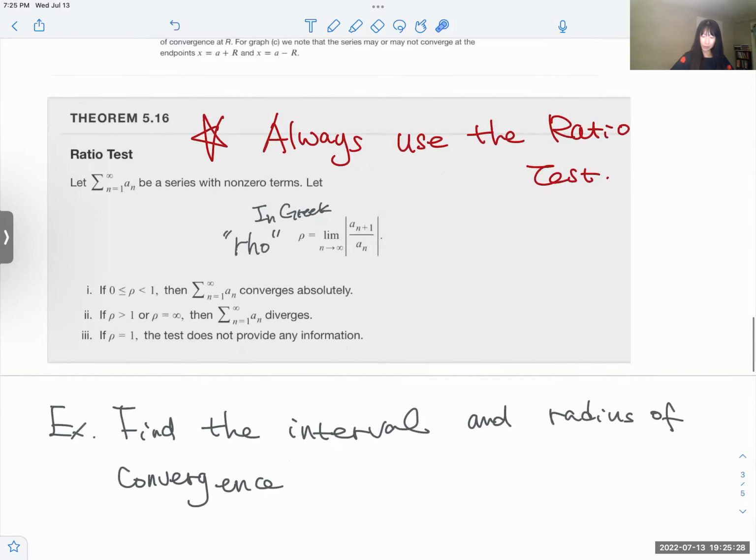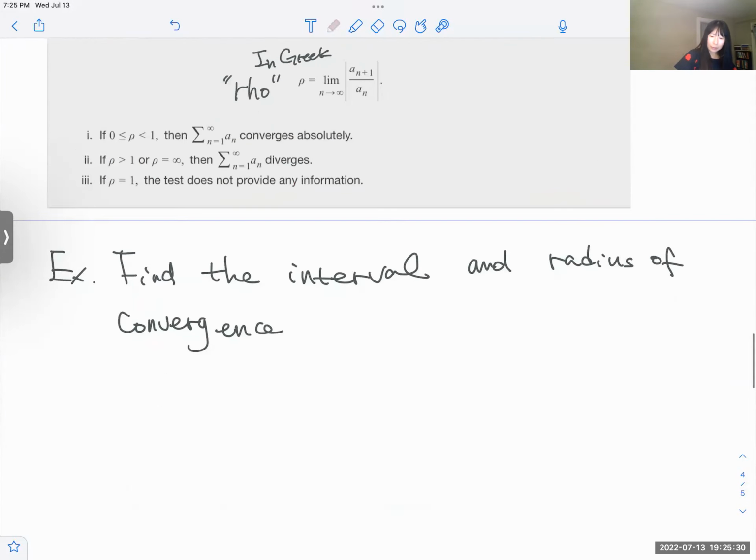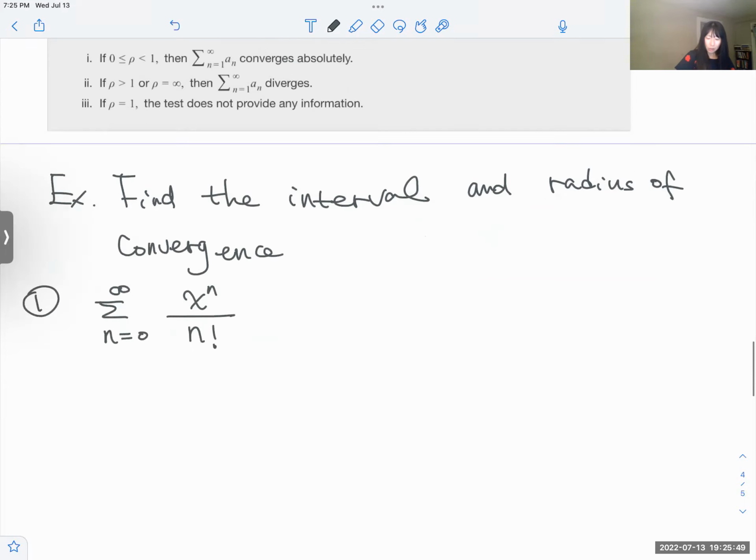Okay, let us do this. So I'm going to do three times everything. We have the series from n equals 0 to infinity of x to the n power over n factorial. Now we have rho equal to the limit as n approaches positive infinity of the absolute value of a sub n plus 1 over a sub n.